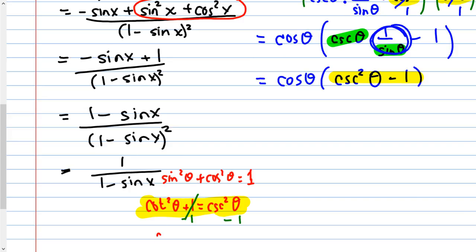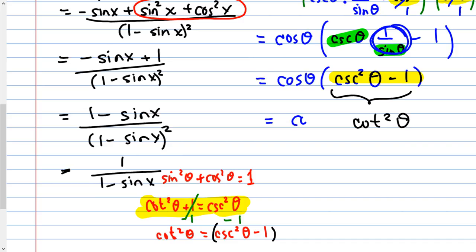Now I have cotangent squared theta equals cosecant squared theta minus 1. Voila! This is exactly what I have up there. So that means that this equals cotangent squared theta. And then I have cosine theta, and they're being multiplied, and that's it. That is my answer.